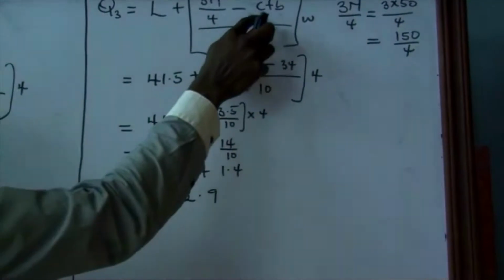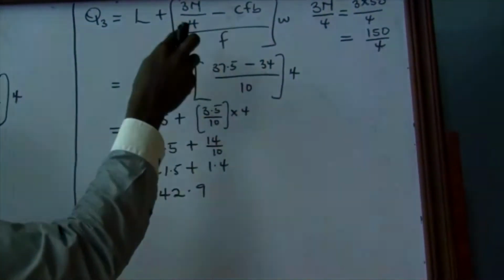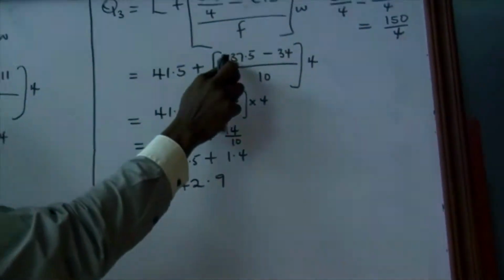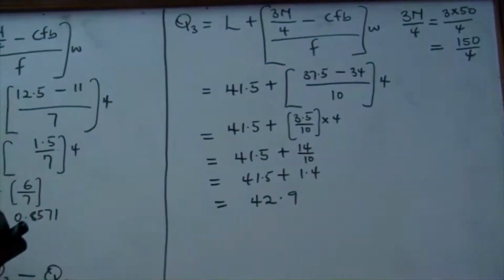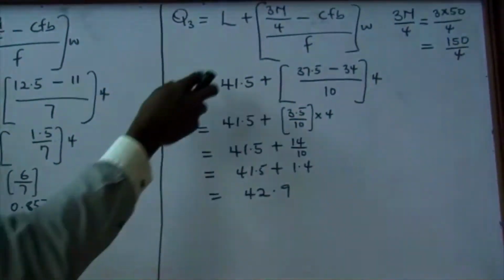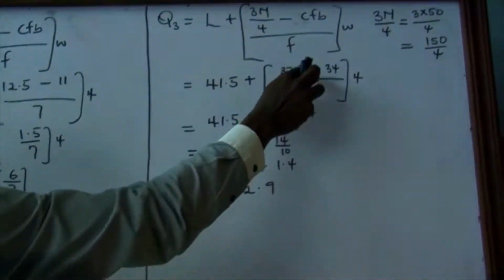Minus cumulative frequency before. So 37.5 helps me to locate the class. That is, this is the 37.5th position. The position of this Q3 is going to be around here, 37.5th position.